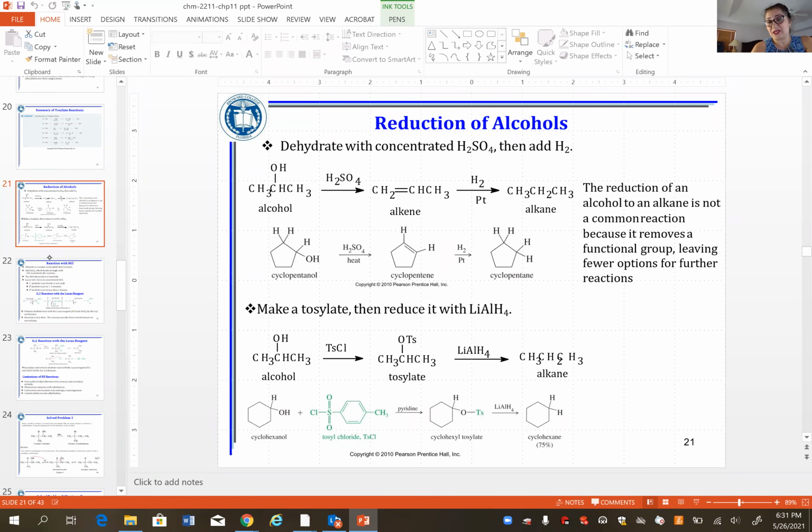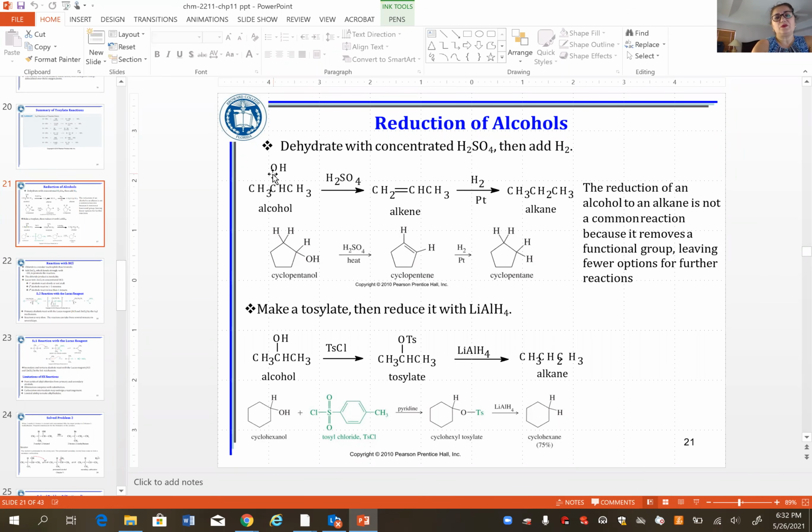Now, the new reaction that we want to talk about, you have seen it before in chapter 6, preparation of alkene, is the reduction of the alcohols. In order to reduce alcohol, what do you need to do? You need to remove oxygen, right? Remove oxygen and you add hydrogen.